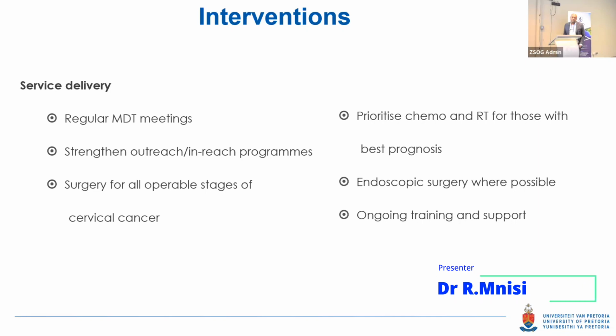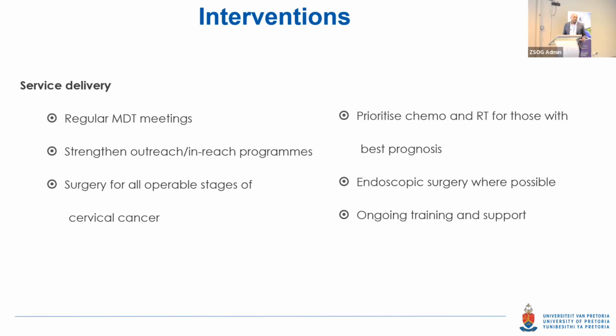It is pointless to give chemotherapy or radiotherapy to a patient who already has stage 4 disease. So we prioritize the ones that still have the best prognosis, because more often than not, we are loaded with many patients. There are many patients on the queue for radiotherapy, so we prioritize. And we do endoscopic surgery where possible, because it has benefits.